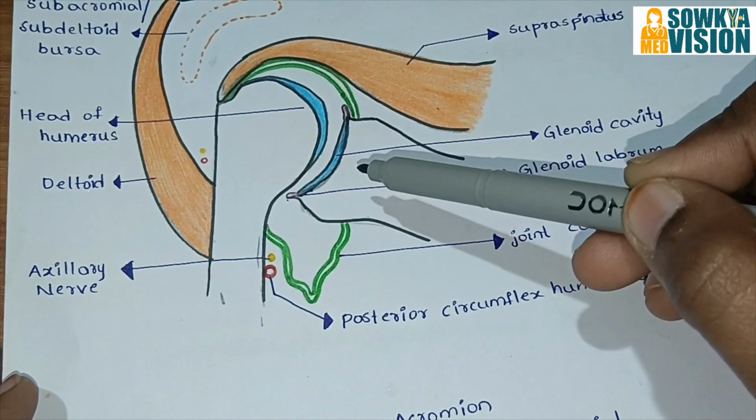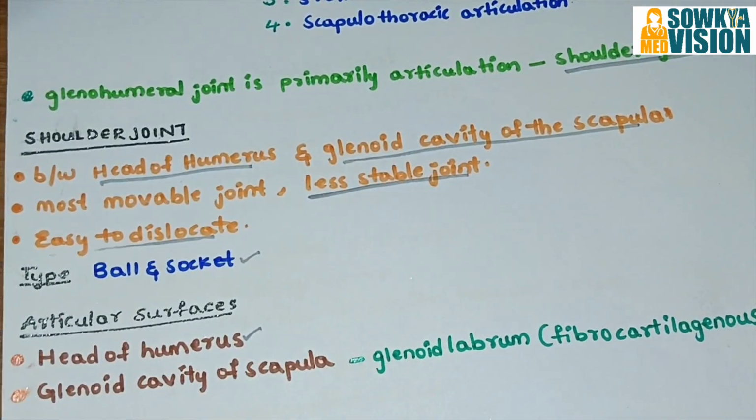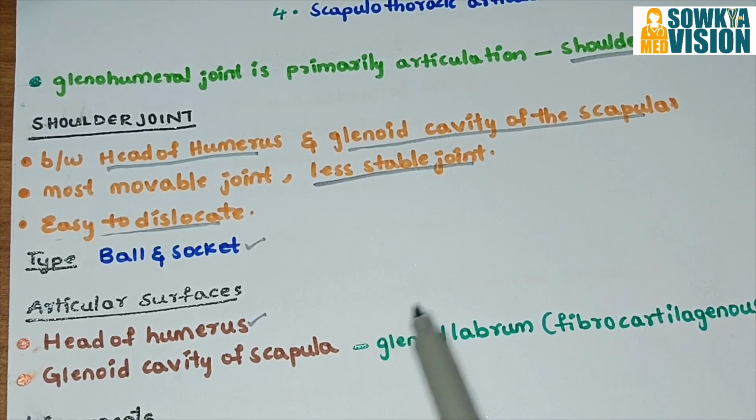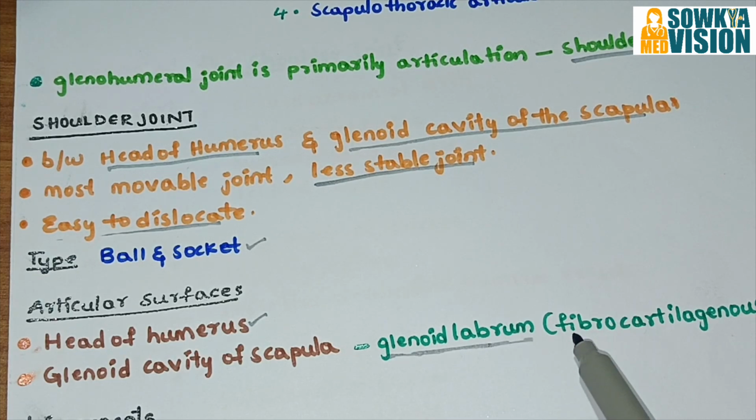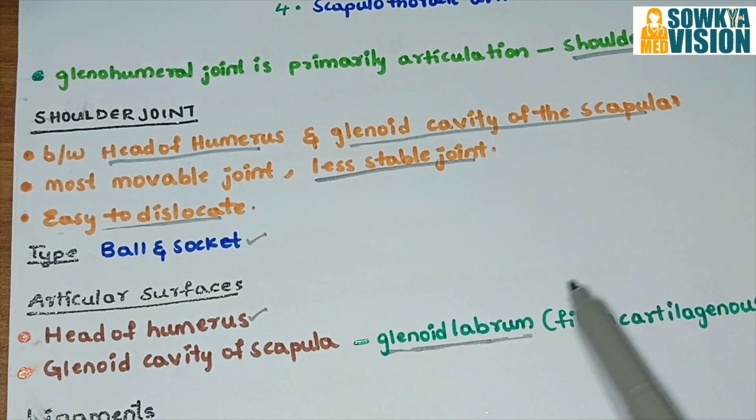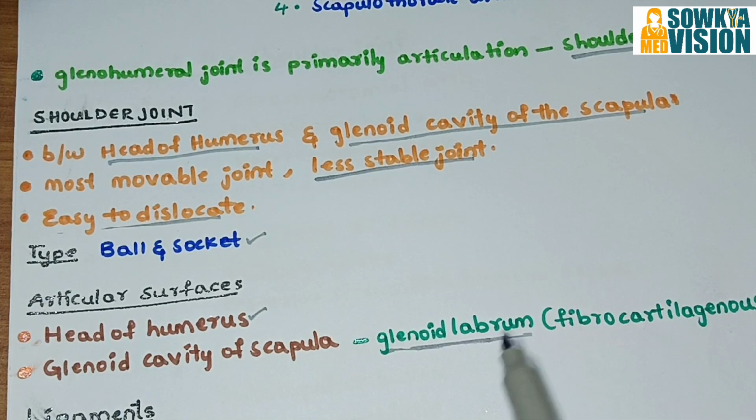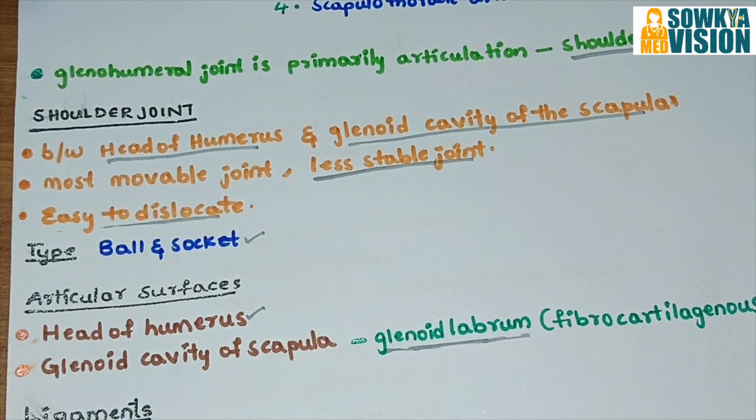The glenoid labrum. What is the glenoid labrum? It is a fibrocartilaginous component which deepens the shallow glenoid cavity.